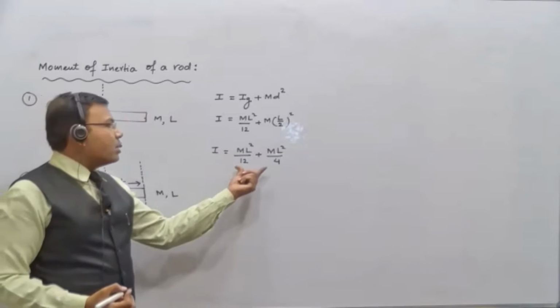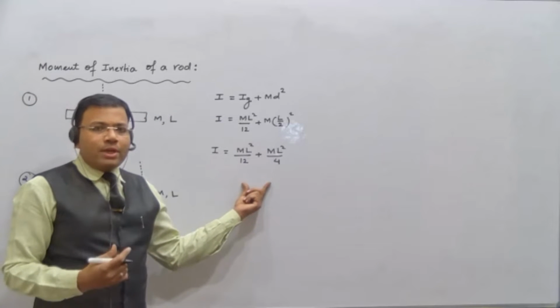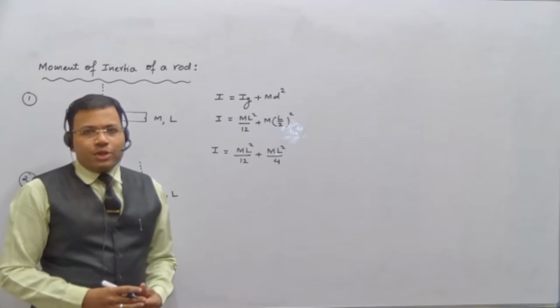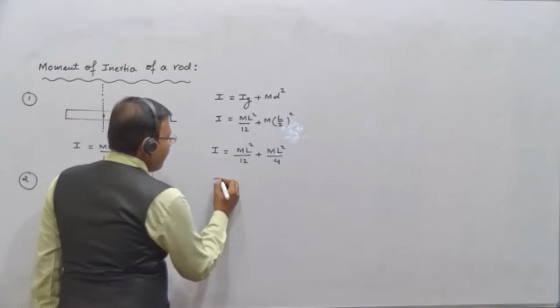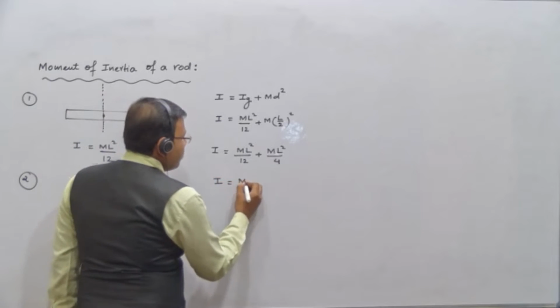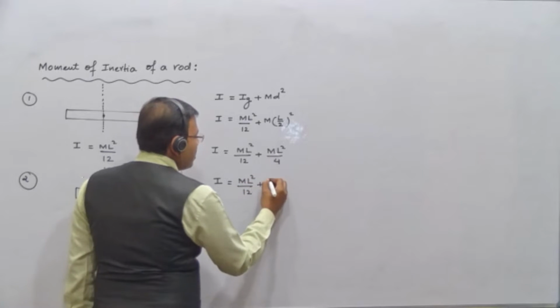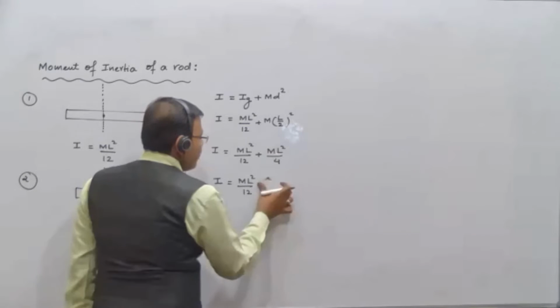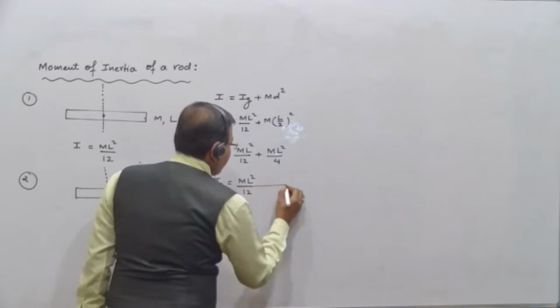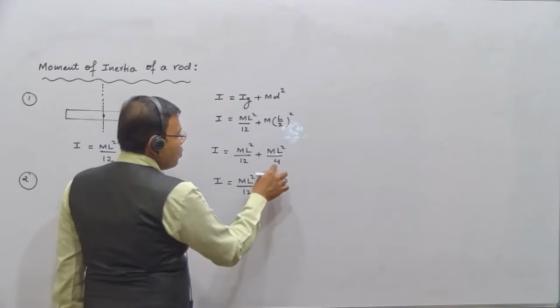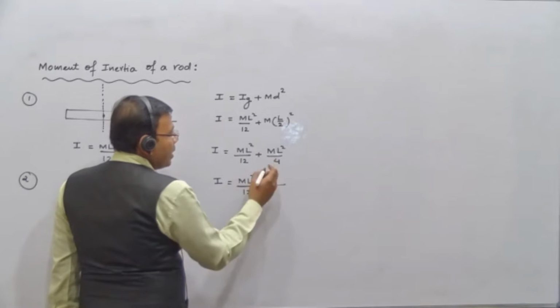Now we have two terms with addition, so let us add to get the final moment of inertia. So I equals ML square by 12 plus, we take the LCM here itself. The LCM is 12. So this is ML square and this is 4.